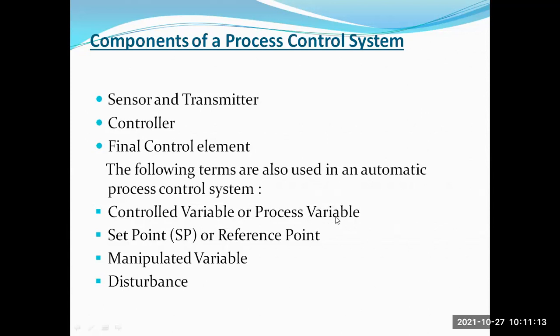It is a variable that must be controlled or maintained at some desired value. We took examples previously, such as tank liquid level measurement or temperature control measurement. In the previous example, you have to set the temperature to 200 degrees Celsius. This is called the control variable or process variable.